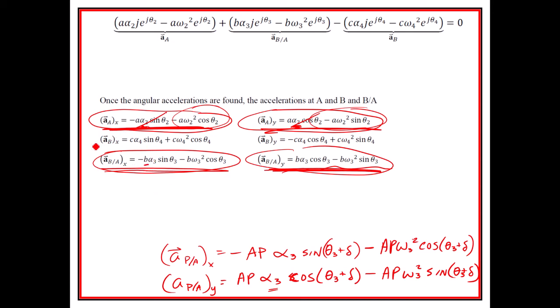We know that if we wanted the acceleration of B, we would add the acceleration of B with respect to A. So we can find this acceleration of B with respect to A and use it because it's the same link, right? It's the coupler, but now it's got an extension. So instead of B, we use AP, and we also use theta 3 plus delta instead of theta 3.